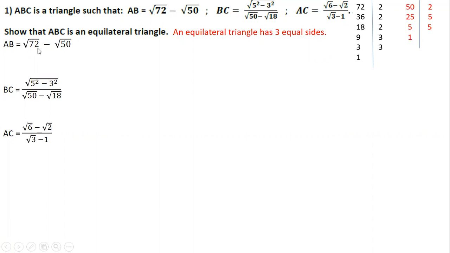Now I replace 72 by how much, Yasmina? 2 cubed times 3 squared. Bravo. And 50 by? 2 times 5 squared. Bravo. Now it is like that. Now I should simplify the inside. Can I simplify 2 cubed directly, or should I do another thing for 2 cubed?